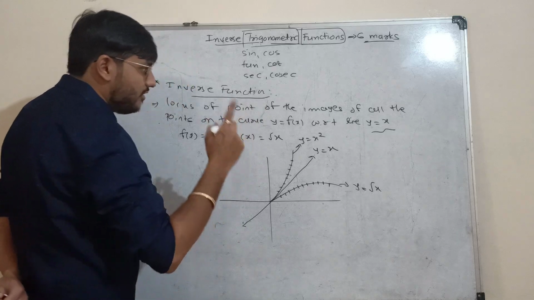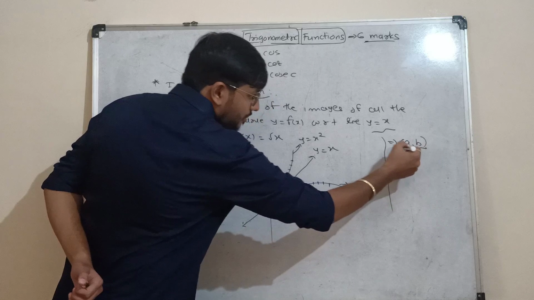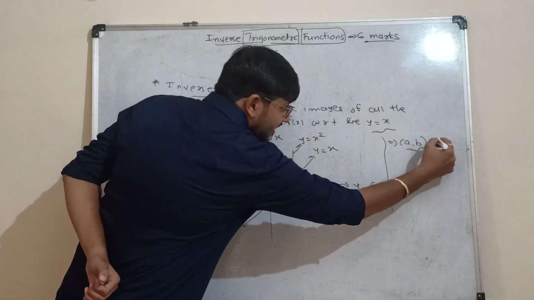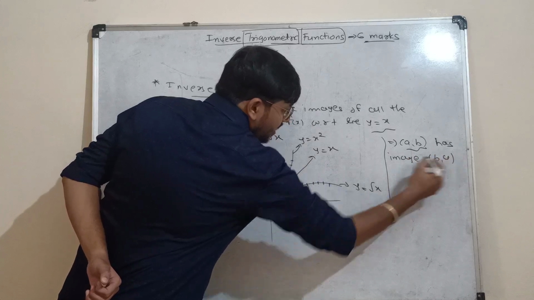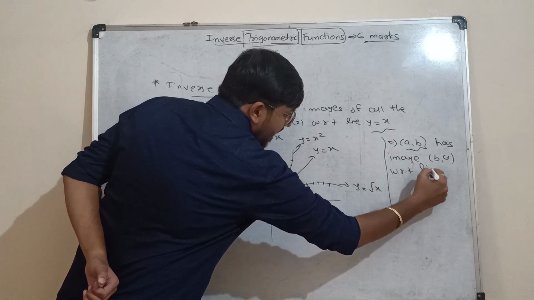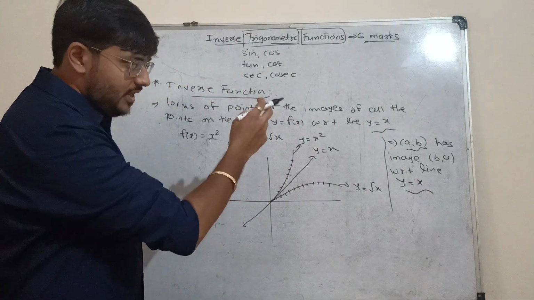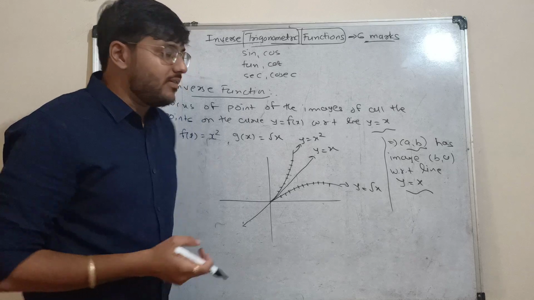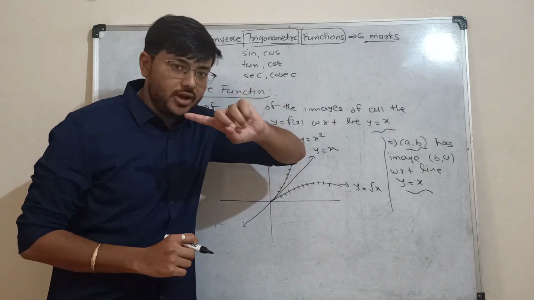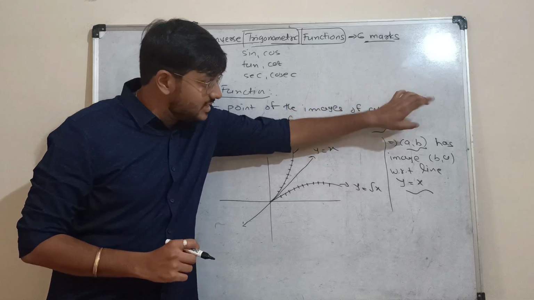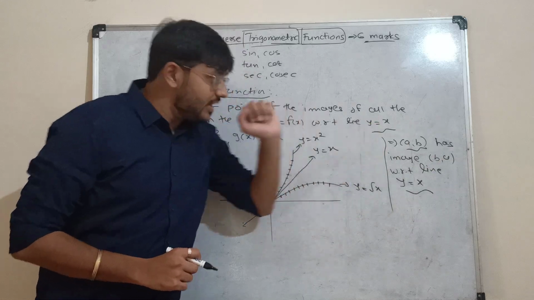So first of all, I want to tell you a rule that if a point is (a, b), then (a, b) has image (b, a) with respect to the line y equals x, right? You can obtain this property by yourself also, but right now just keep this point in your mind that if any point (a, b) is there, then its image with respect to the line y equals x is equal to what? (b, a). So let us take the example.